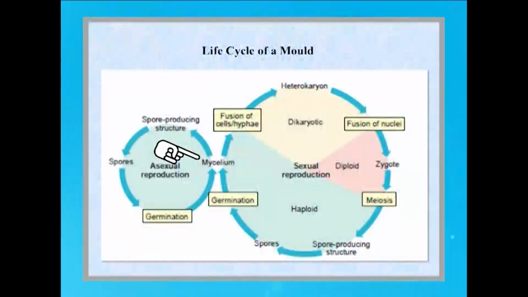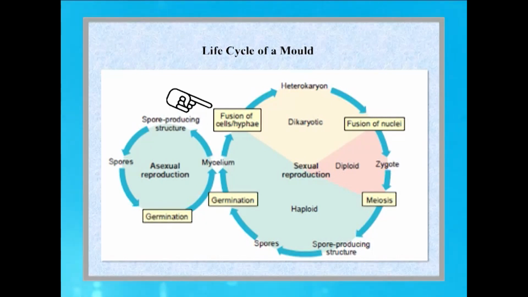However, the same mycelium which is formed during the asexual reproduction can give rise to male and female gametangia, which ultimately produce a structure called a heterokaryon. Karyon means nuclei and hetero means different. That means a single structure having two different nuclei which fuse together, and ultimately we have the formation of a zygote where a diploid nucleus is formed. Now the nucleus of the zygote undergoes a process called meiosis, and as a result haploid nuclei are formed.